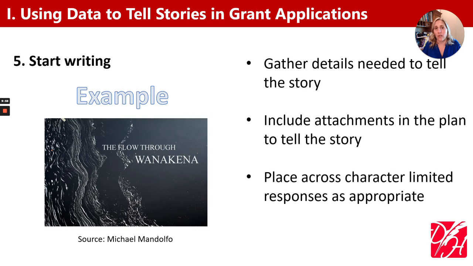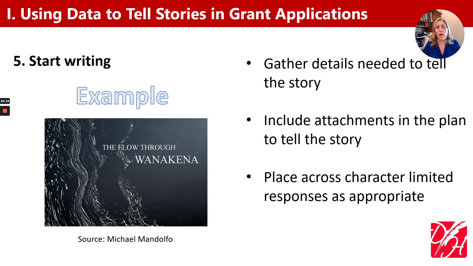Now, of course, when we think about character and word limits, that might put some constraints on our actual responses. It's part of why, though, we take those first 4 steps before we stress or focus on our writing.